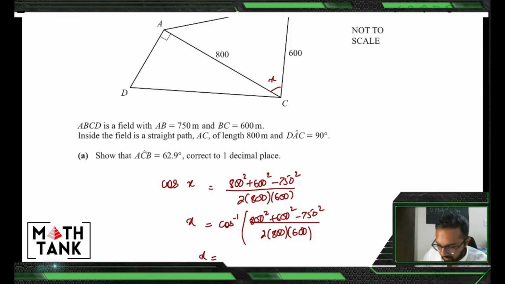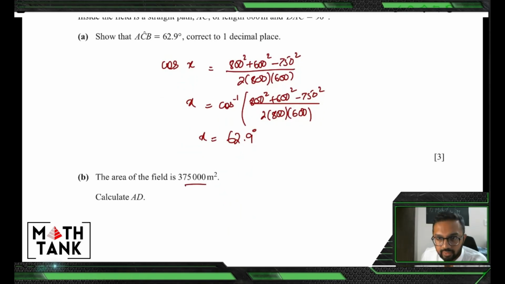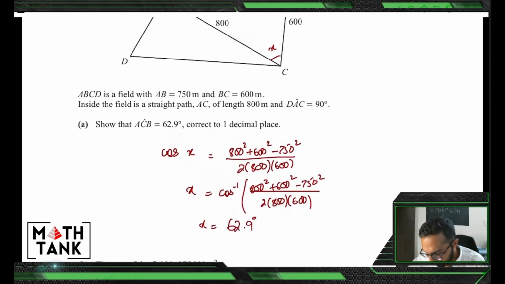That gives me 62.9 degrees. Yes, 62.888. That rounds off to 62.9. So the area of the field is 375,000 meters squared.